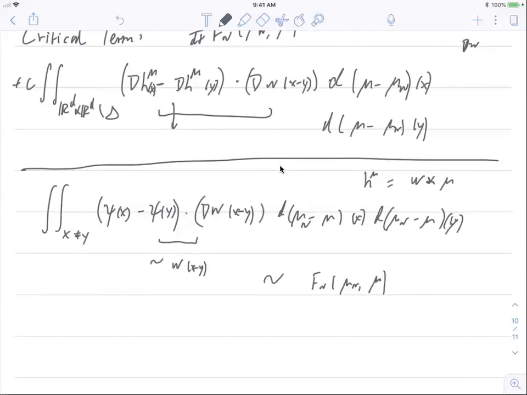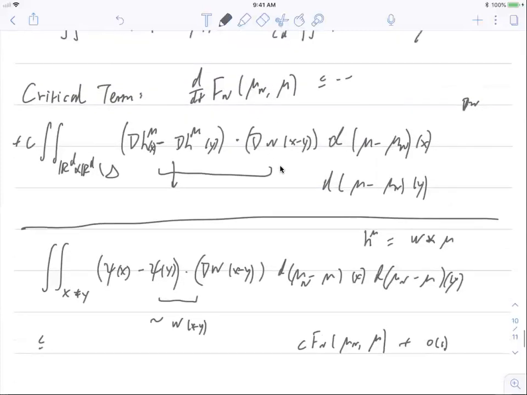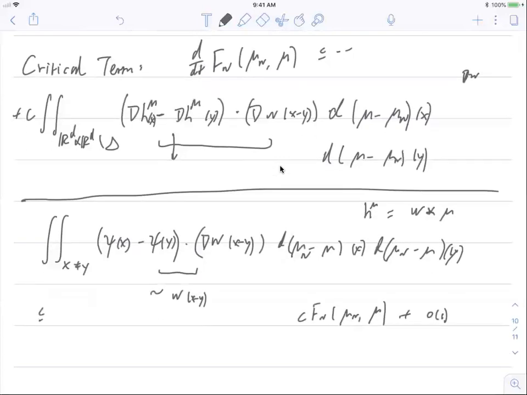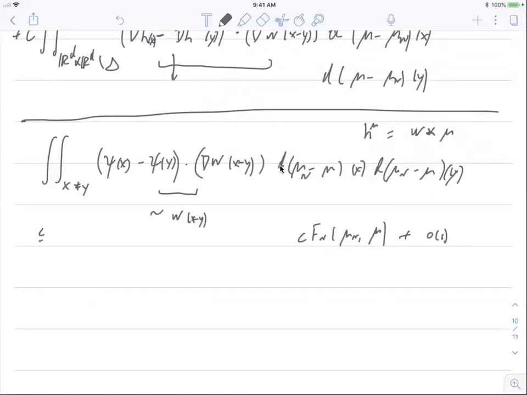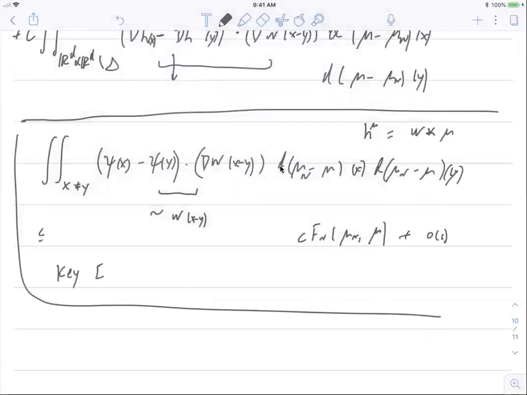So you can control these things by C Fn plus some high order term, and as n goes to infinity this term will be small. So you can use the Grunwald inequality to complete the proof and bound the growth of Fn. So once you have well prepared initial data, you can get the mean field limit. Okay, so this is the key estimate.